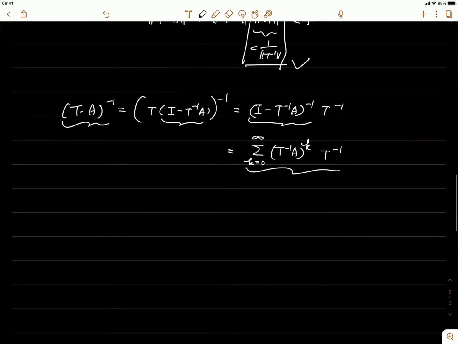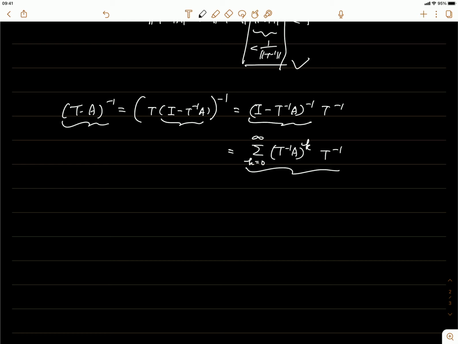As you can see, if T is the identity, then this reduces to the Neumann sum of A, which is the inverse of I minus A. Okay, so that's some simple fact about that.